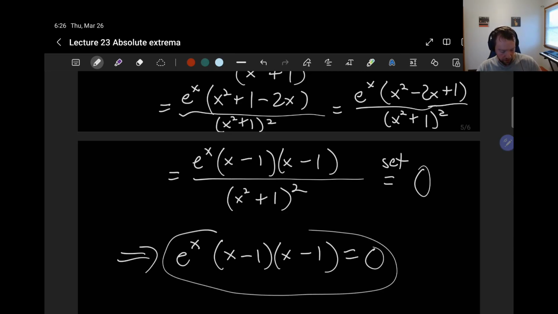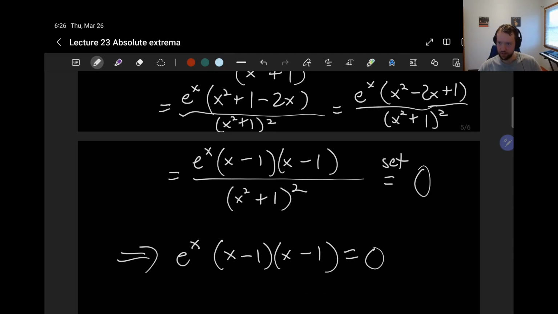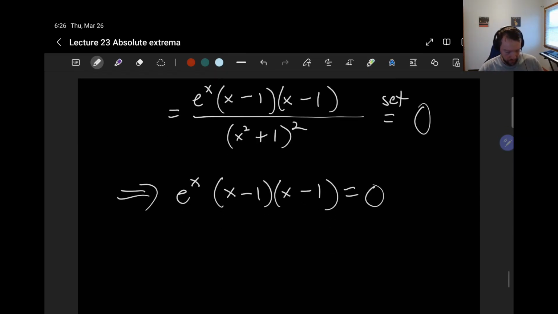So the numerator is the only thing that matters to get us equal to 0. Helpful fact about e to the x, which you want to know, is that it's always positive. So always above 0. So that's not going to get us 0. It's going to come from these. And it's actually the same x value there, so x equals 1.